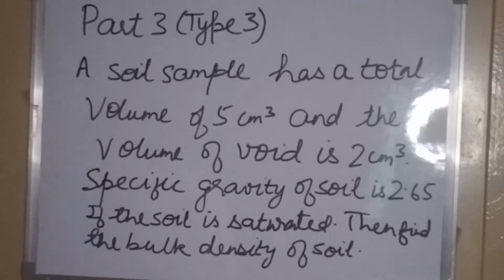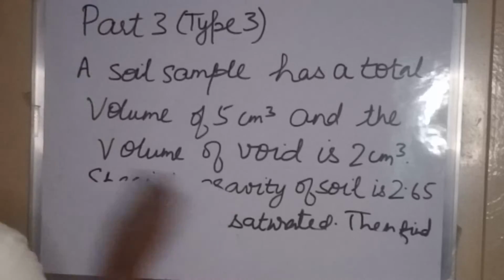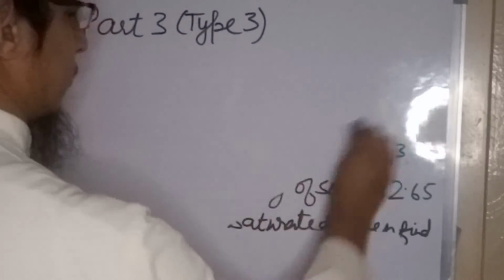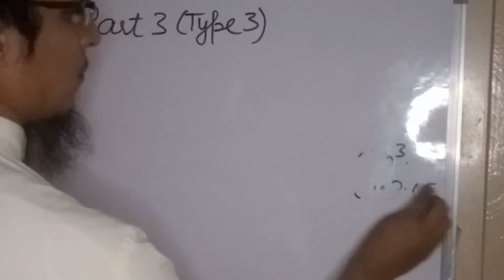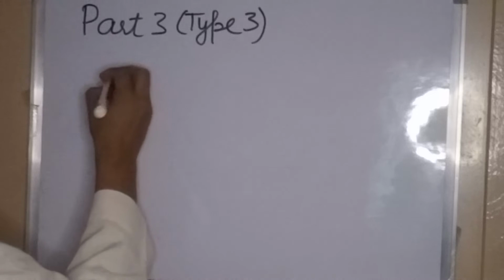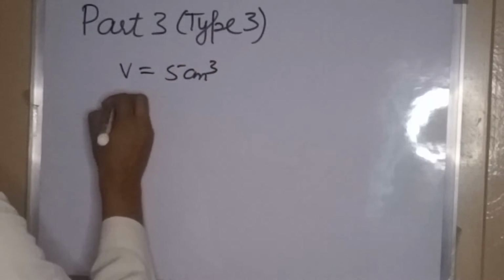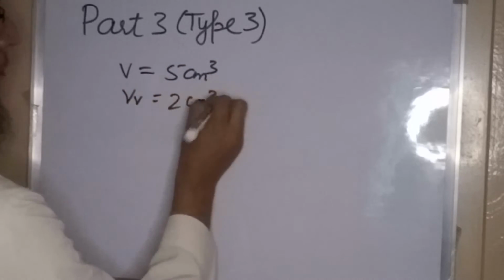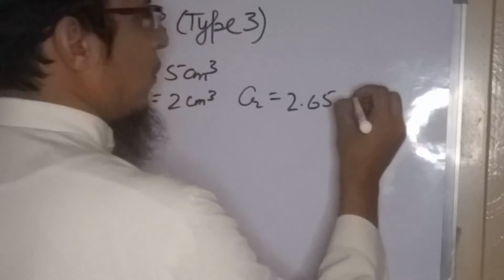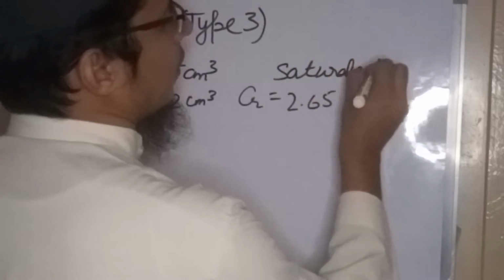So we can write the given data. Given data is: total volume of soil is 5 centimeter cube, volume of void is 2 centimeter cube, specific gravity of soil is 2.65, and we need to know the bulk density of soil, and it is also given that the soil is saturated.